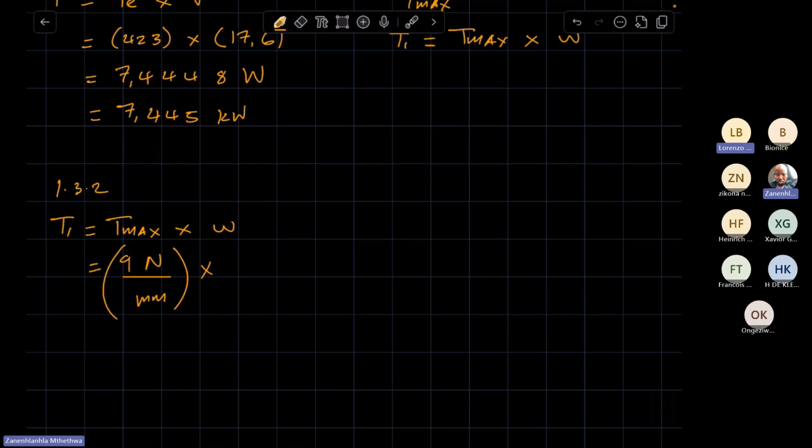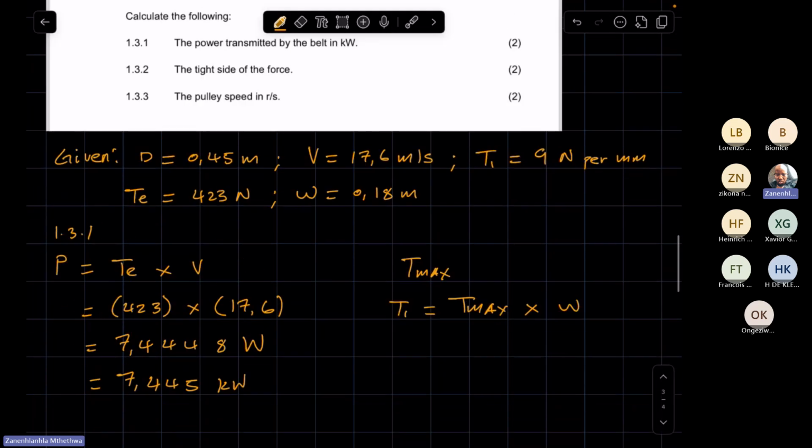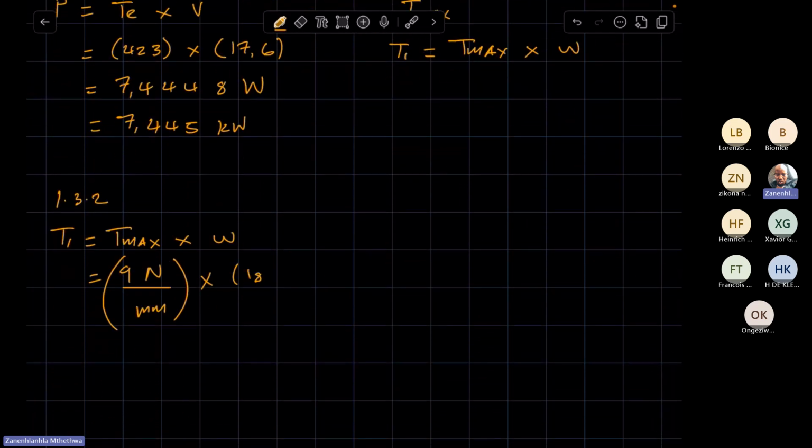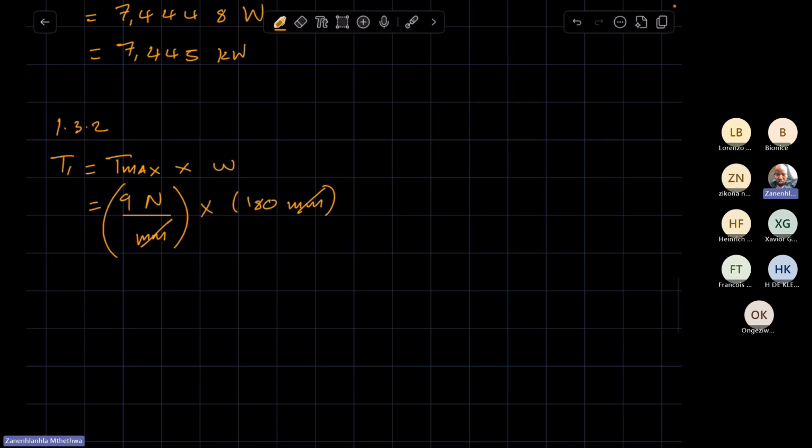Well, sir, it's written as 180 millimeters. Yes, it's 180. All right, so this will be 180 millimeters. That way, this and that are able to cancel each other. Now, what is 9 times 180?